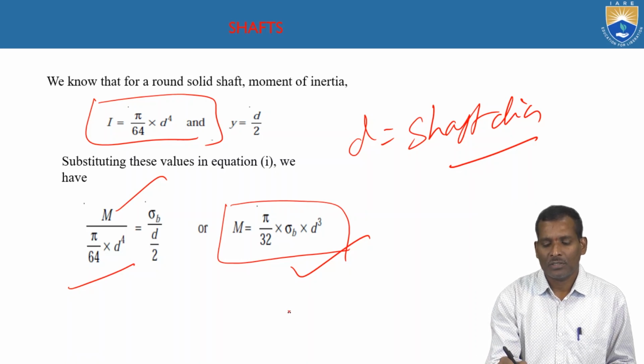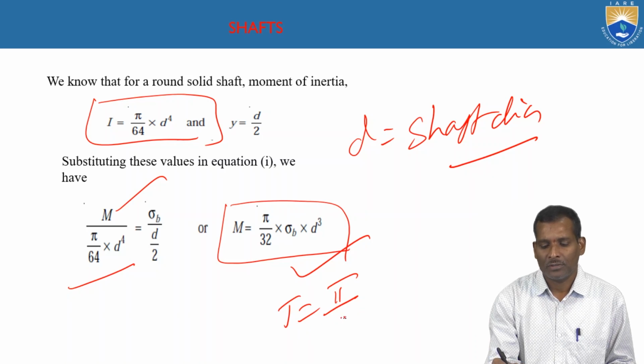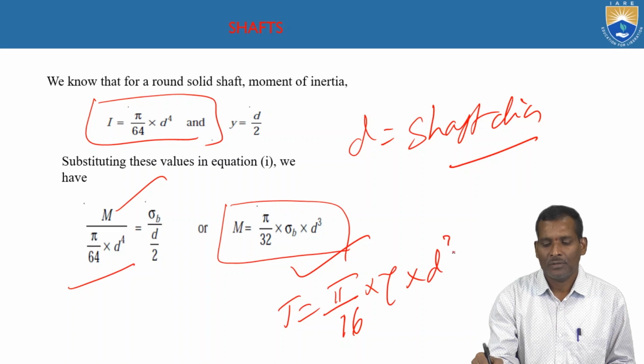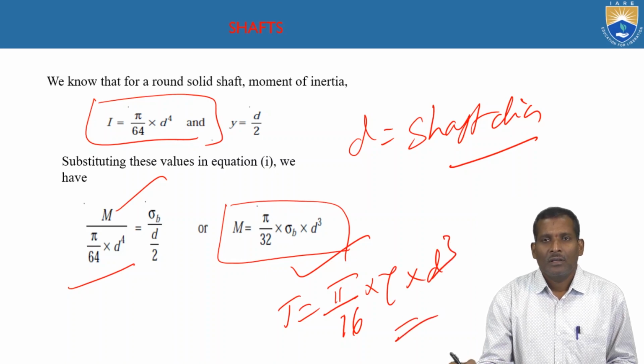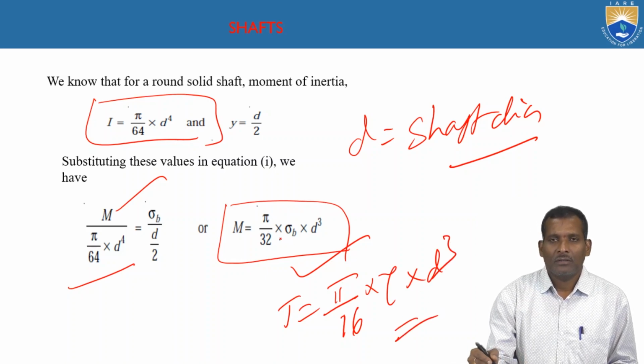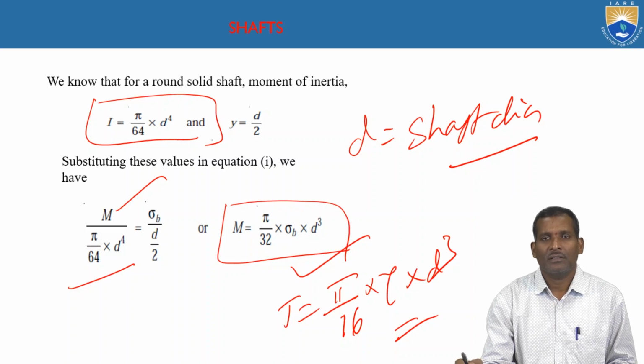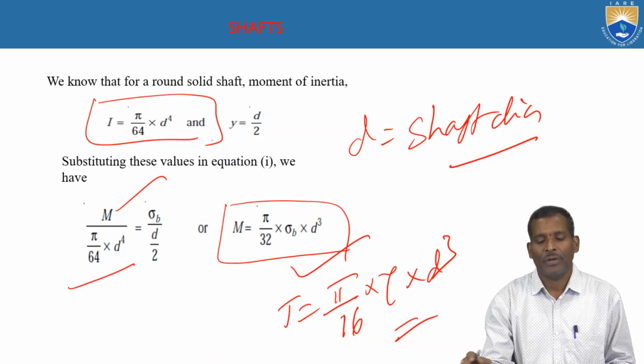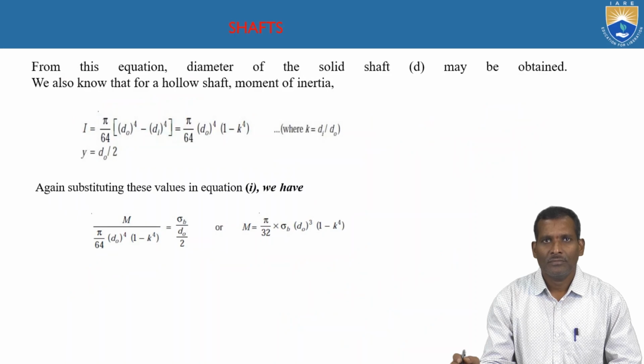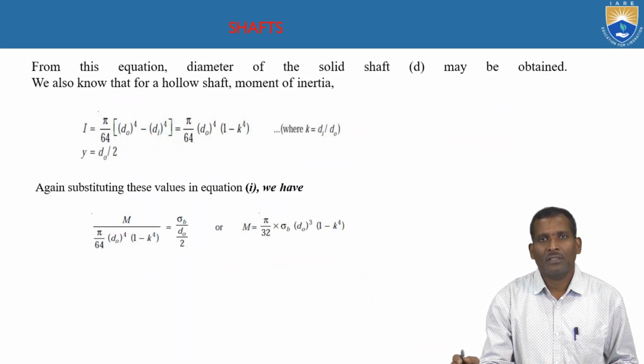Whereas in the torsion case, torsion is equal to twisting moment, T is equal to pi by 16 into tau into d cube. Here we are considering bending moment only, because the case is when the shafts are subjected to bending moment. From this equation, the diameter of the solid shaft may be obtained.